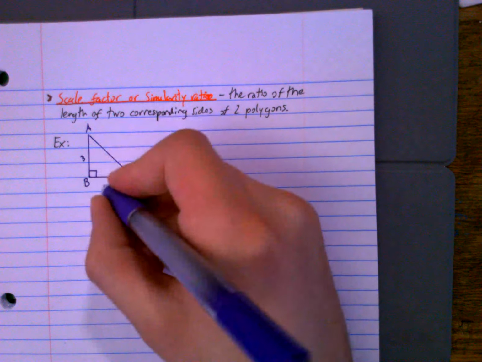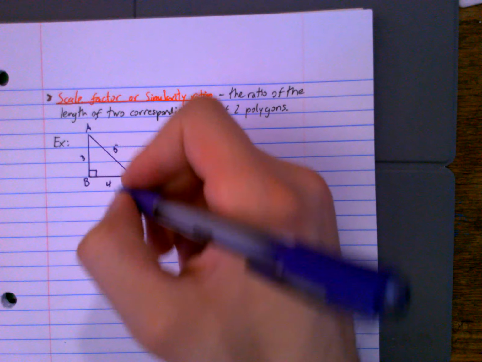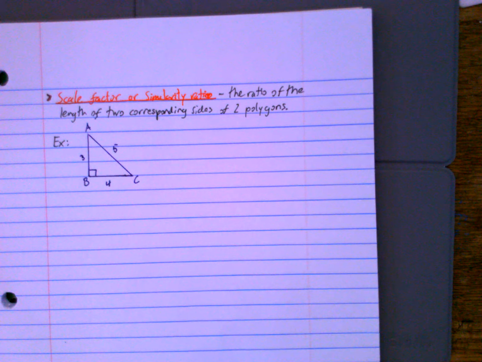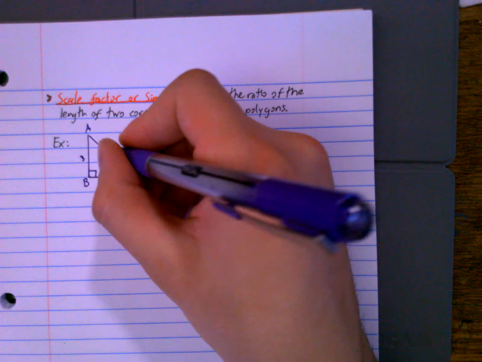Call it a 3, 4, 5 triangle. That is a 5 there. I apologize, it looks like a demented 6.